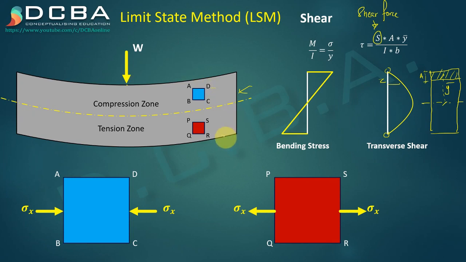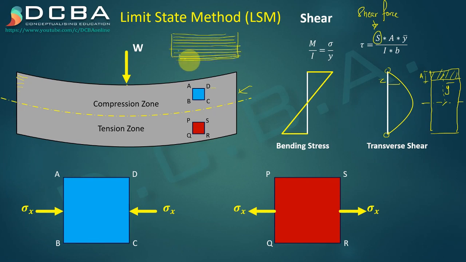What exactly this transverse shear means is, let us assume that our beam is divided into small layers, very small layers like this. Before the bending, our beam looked something like this, divided into very thin layers.